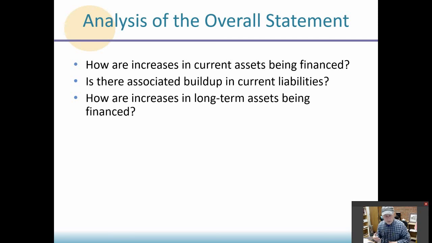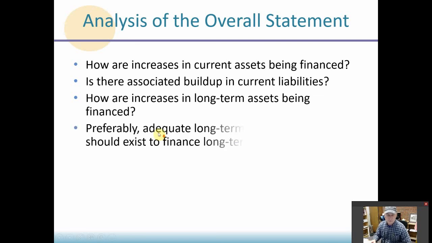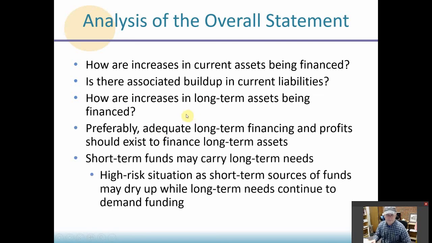On the other hand, if you were financing real estate or equipment, you wanted to make sure those terms kind of matched the life of that asset. Equipment maybe having a life of 5 to 7 years, depending on the type of equipment, of course. Short-term funds may carry long-term needs sometimes, yeah.